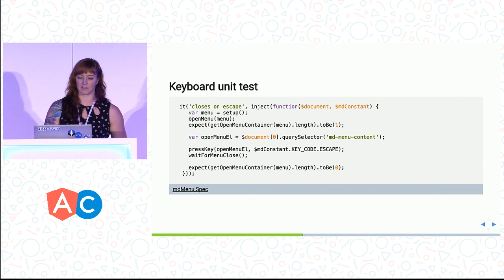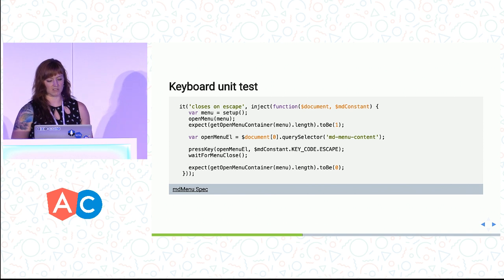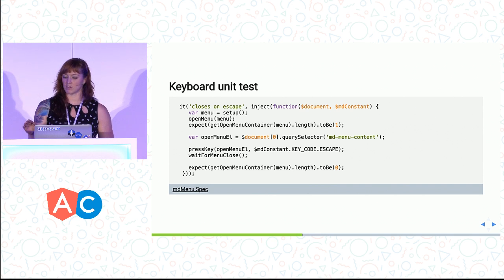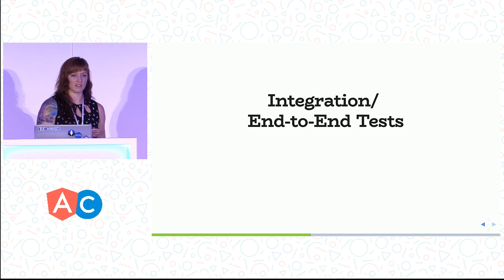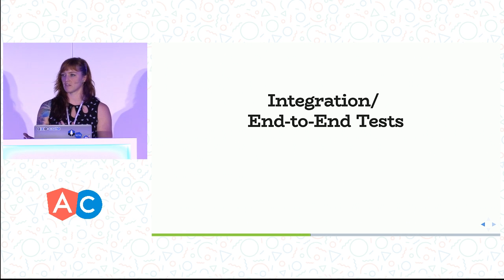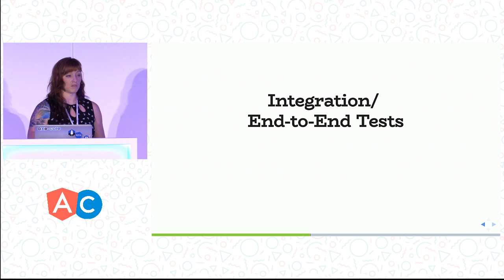In their menu component, they set up the menu, they press a key, and they've got a couple of little helper methods and a helper object with the key codes in it, and you just pass it the escape key code, wait for it to close, and then you test that it did what you expected, that it actually closed the component. And so that's an example of a unit test covering something like keyboard support, because in your application, you want tests that cover your specific components. And you can get really far with unit tests.